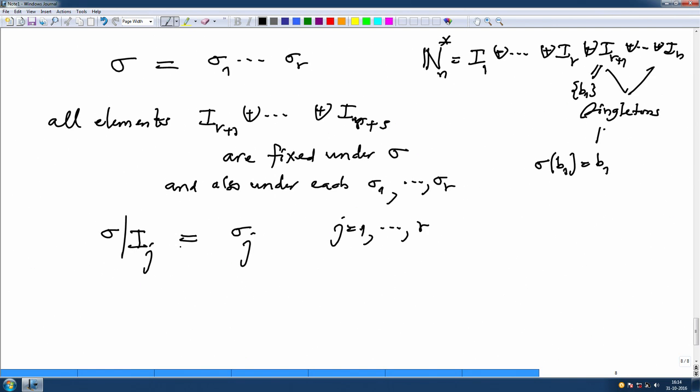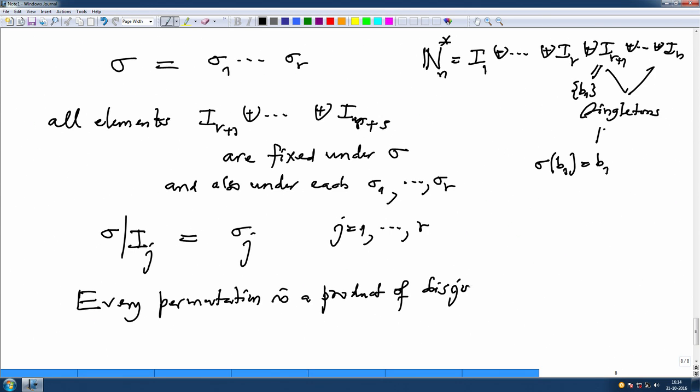So we have proved that every permutation is a product of disjoint cycles. Let me give some small numerical examples so that you feel happy.